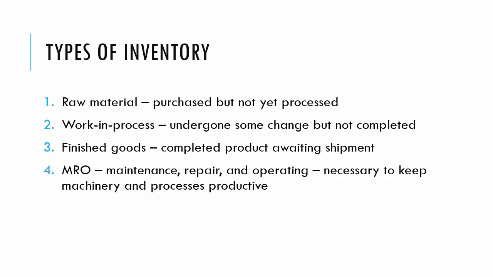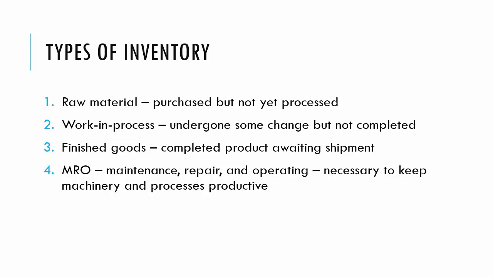There are four broad types of inventory that we have to be aware of. There's raw material, work in process or WIP, finished goods, and MRO, which stands for maintenance, repair, and operating. Raw material is stuff that we've purchased but haven't actually done any processing on yet, haven't started adding value to it. Work in process has undergone some change, but it still needs other things done.